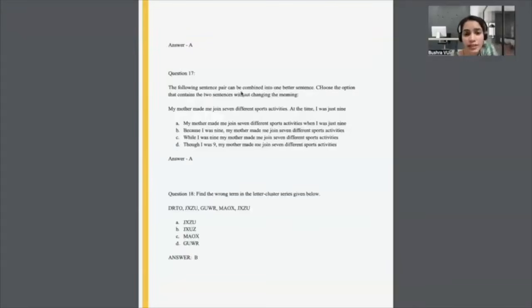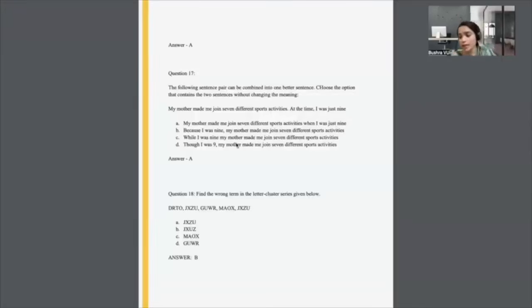The following sentence pair can be combined into a better sentence. Choose the option. My mother made me join 7 different sports activities at the time I was just 9. So you have to find the sentence which can be combined into a better sentence. My mother made me join 7 different sports when I was just 9. Yes, this is correct. Because I was 9, my mother made me join. No, this is wrong.